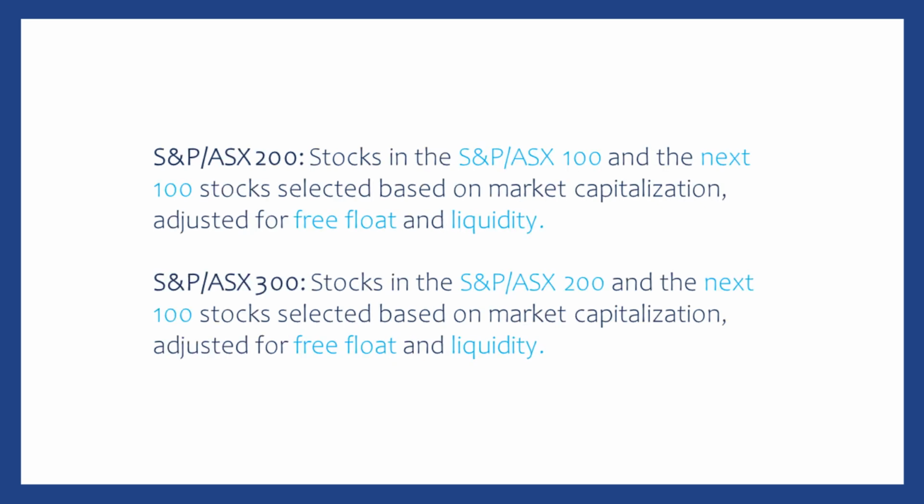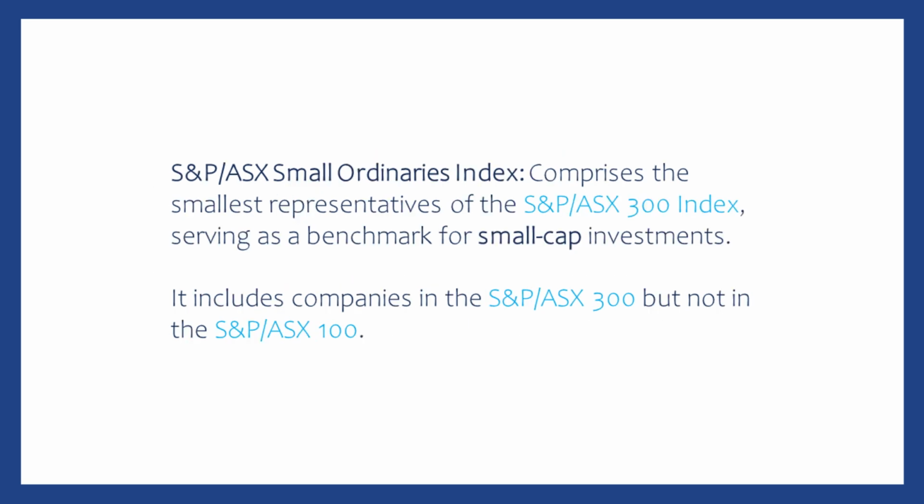S&P ASX 200 consists of the stocks in the S&P ASX 100 and the next 100 stocks selected based on market capitalization, adjusted for free float and liquidity. S&P ASX 300 contains the stocks in the S&P ASX 200 and the next 100 stocks selected based on market capitalization, adjusted for free float and liquidity.